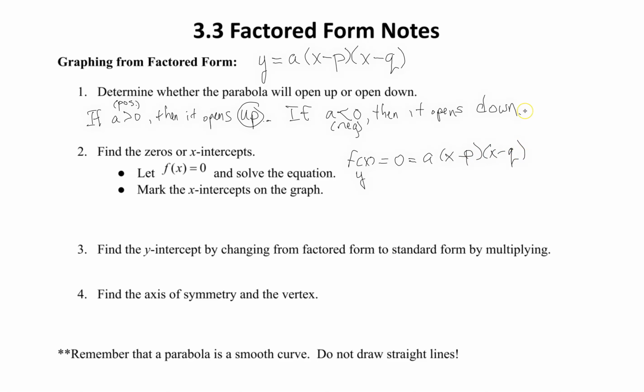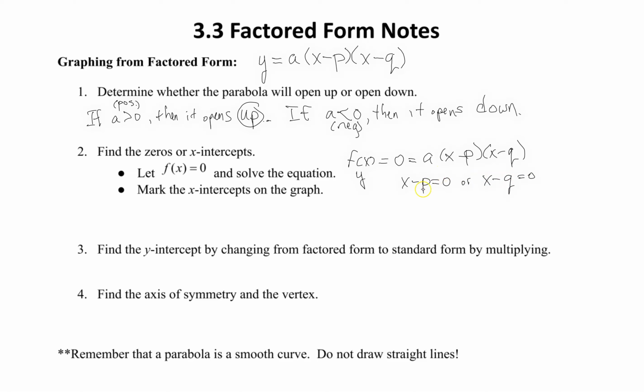Those p's and q's will be numbers. We ignore the a because it's a constant, a number that will never be equal to 0, so we'll have x minus p equal to 0, or x minus q equal to 0.